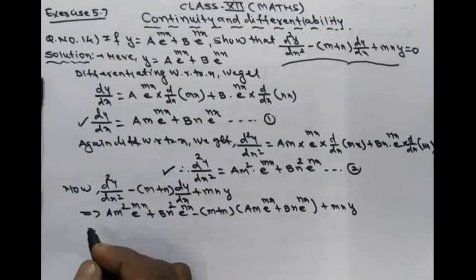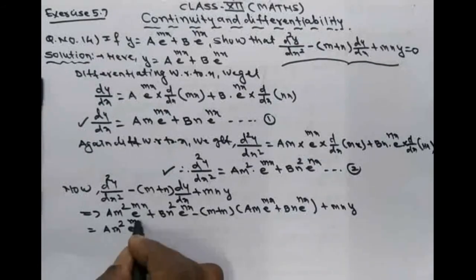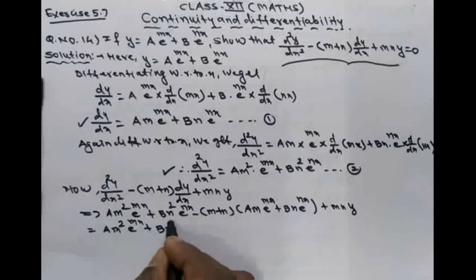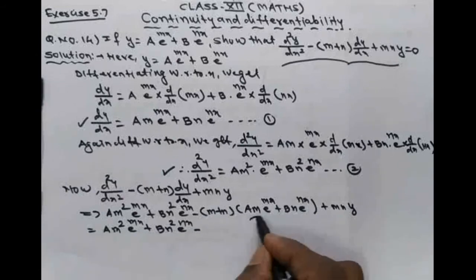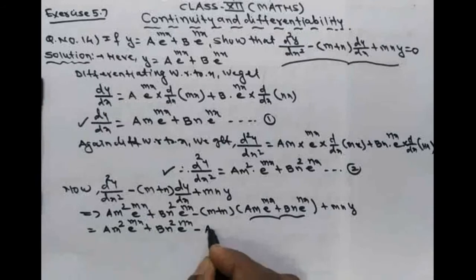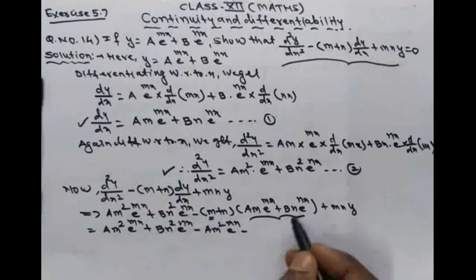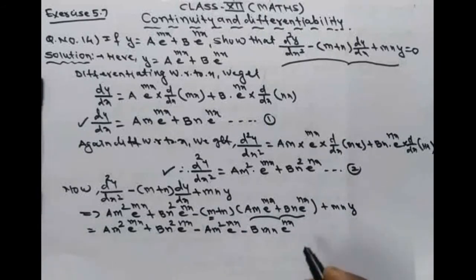This is equal to a m² e^(mx) plus b n² e^(nx) minus, you multiply with this, first you multiply by m, then you multiply by n. So this will be a m² e^(mx) minus b m n e^(nx).